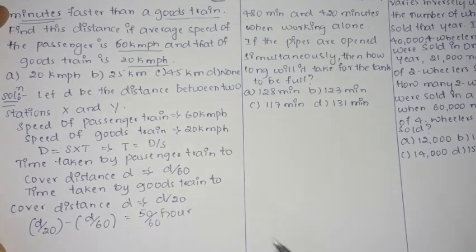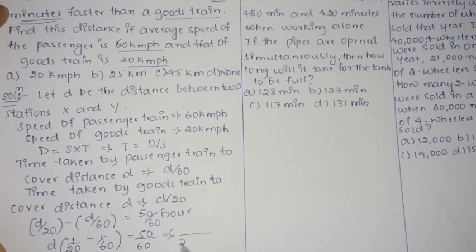Taking d common, the remaining is 1 by 20 minus 1 by 60 equal to 50 divided by 60. Then take the LCM, which will be 20 into 60, and here 60 minus 20, which is equal to 50 divided by 60.